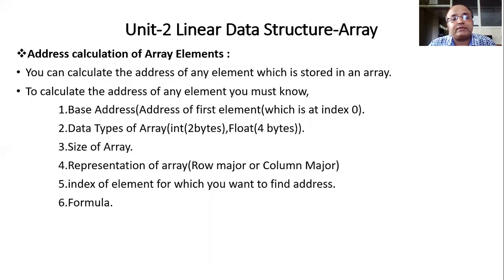If you have declared a float type array, each element will occupy 4 bytes. In both cases it will occupy a different number of bytes.